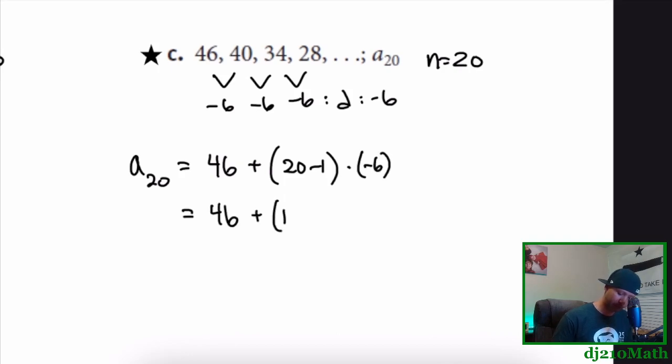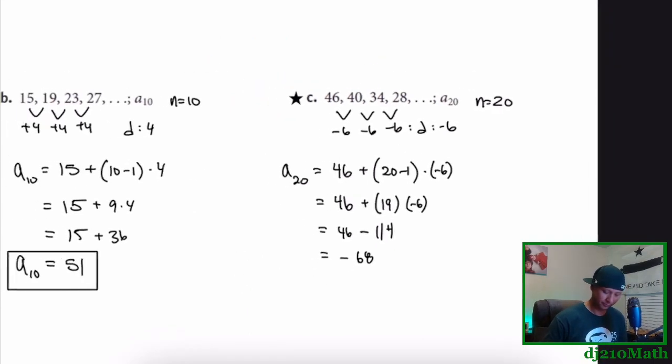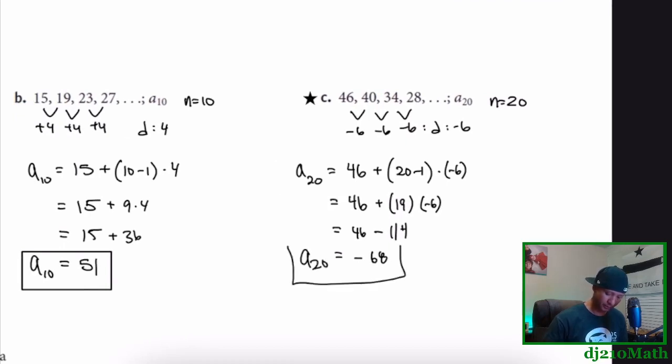So 46 plus 19 times negative 6. 9 times 6 is 54, carry the 5, 6 plus 5 is 11, so 114. 46 minus 114 is going to be negative 54 plus 14, 68. A sub 20 would be negative 68.